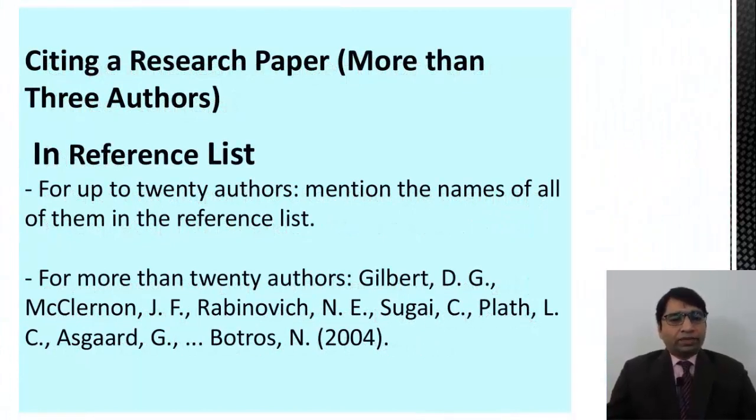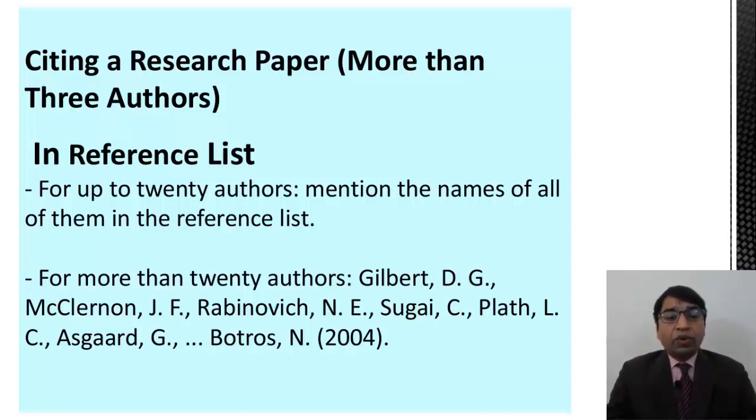Okay. In the reference list, what is going to happen for up to 20 authors? Again, this is different in the 7th edition. In the 7th edition, for up to 20 authors, you need to mention the names of all of them in the reference list.